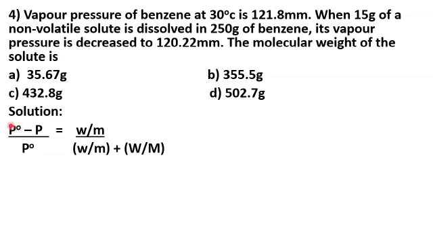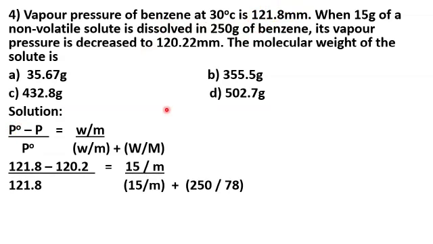So here P naught is nothing but vapor pressure of pure benzene, that is 121.8, and P is equal to vapor pressure in solution, that is 120.22, and small letter w, that is mass of the solute, is equal to 15 gram here, and small letter m we have to calculate, that is the molecular weight of the solute.